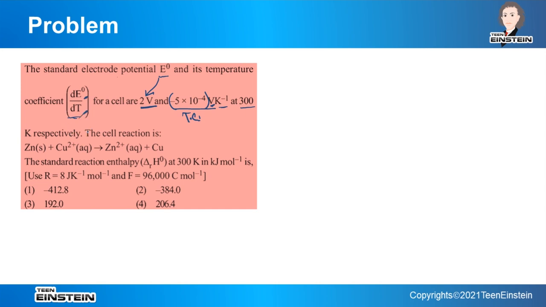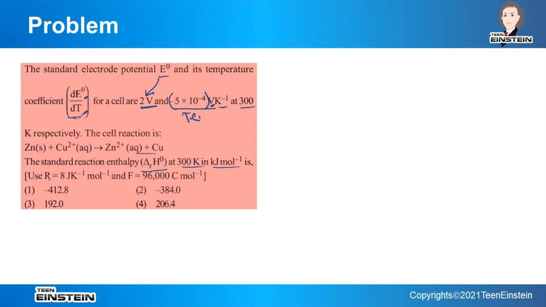And the cell reaction is given, a reaction you have seen several times, very common. The standard reaction enthalpy del R H naught of the equation at 300 Kelvin, in kilojoule per mole unit, we have to find out. That is the question. As we have seen in the last slide, if the other quantities are known, that is the temperature coefficient or del G, then we can easily find out the unknown quantity.